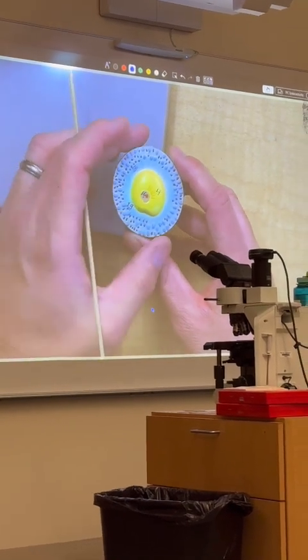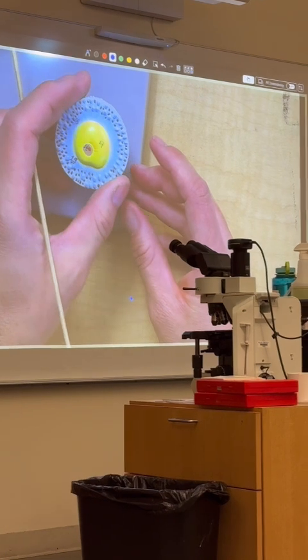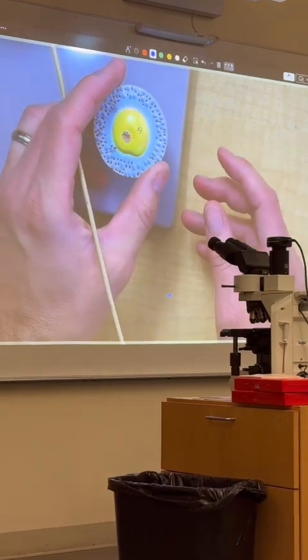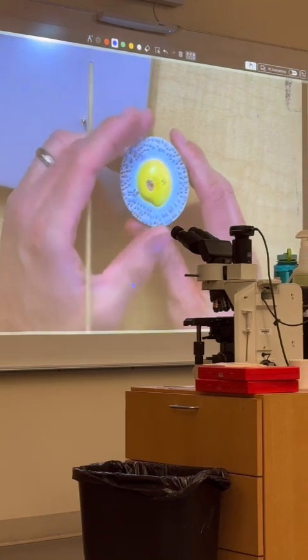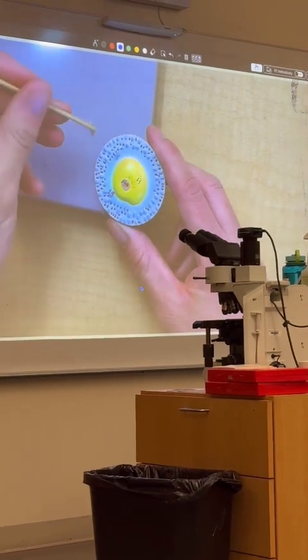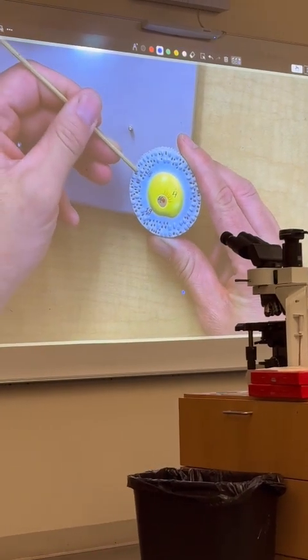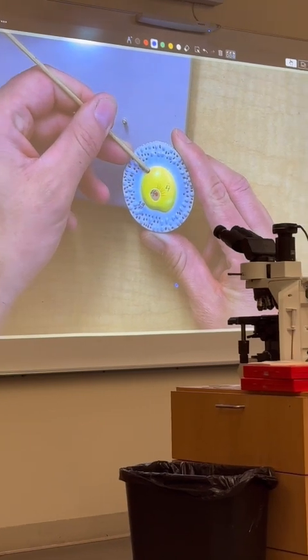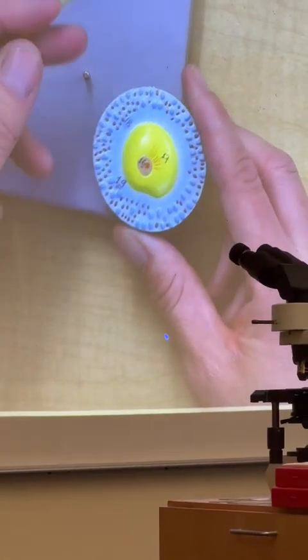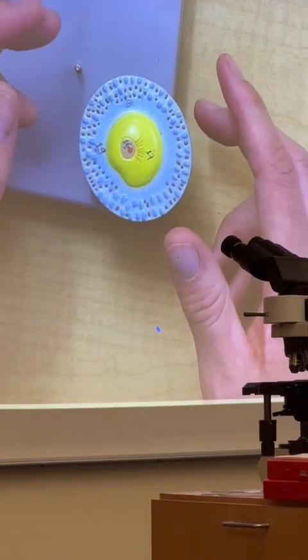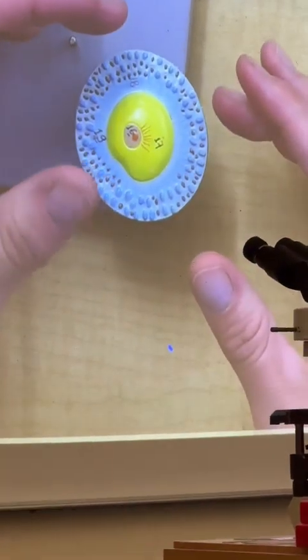Right? The egg also has a protective measure against what we call polyspermy, which would be more than one sperm fertilizing it. So the acrosomal reaction allows a sperm in here. But as soon as a sperm fertilizes the egg, it has a second chemical reaction called a cortical reaction.